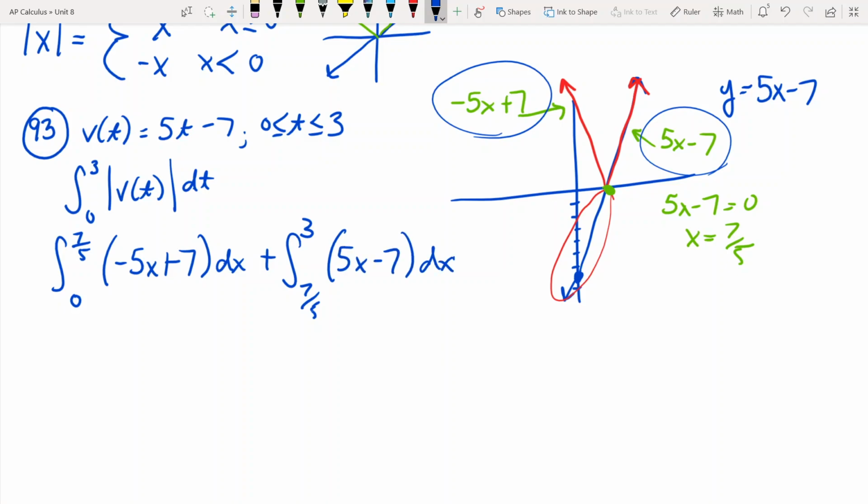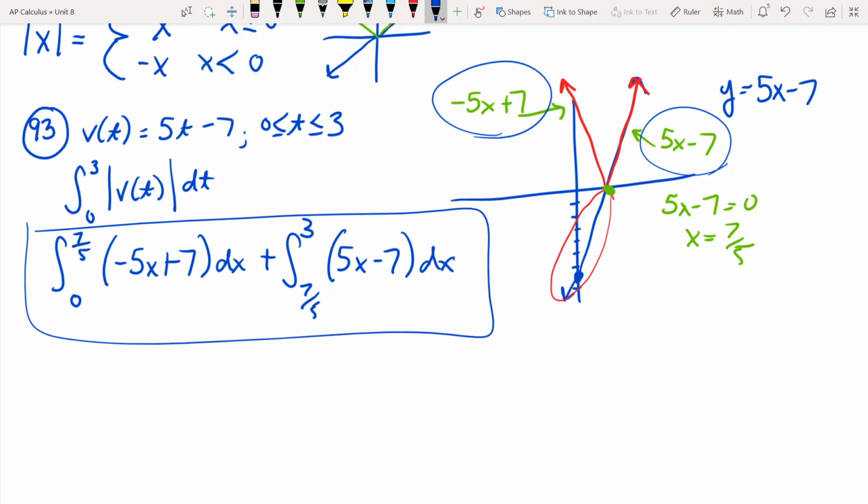Really those should all be t's because we are in terms of t, but conceptually I just want you to see that absolute value idea. You see where the graph touches the x-axis, and then the graph has an x-axis reflection wherever the output was negative. This is what you would be evaluating, and when you evaluate all that out, you should get 113 over 10.